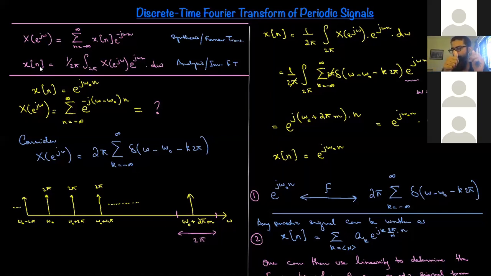Okay, that's important. So even though x of n is discrete time, that discrete time signal is actually made up of discrete time complex exponentials, which have frequencies over a continuum of an interval of 0 to 2 pi. Okay? Okay, Jamshed?